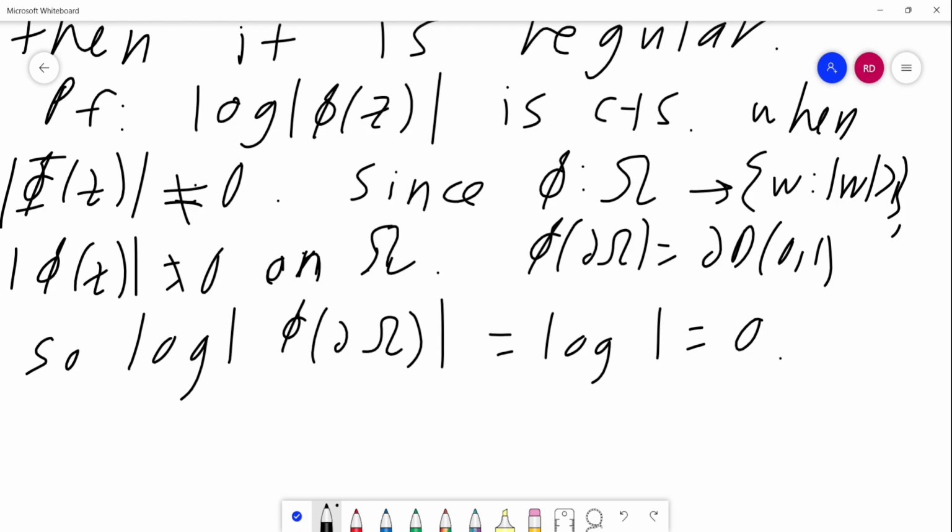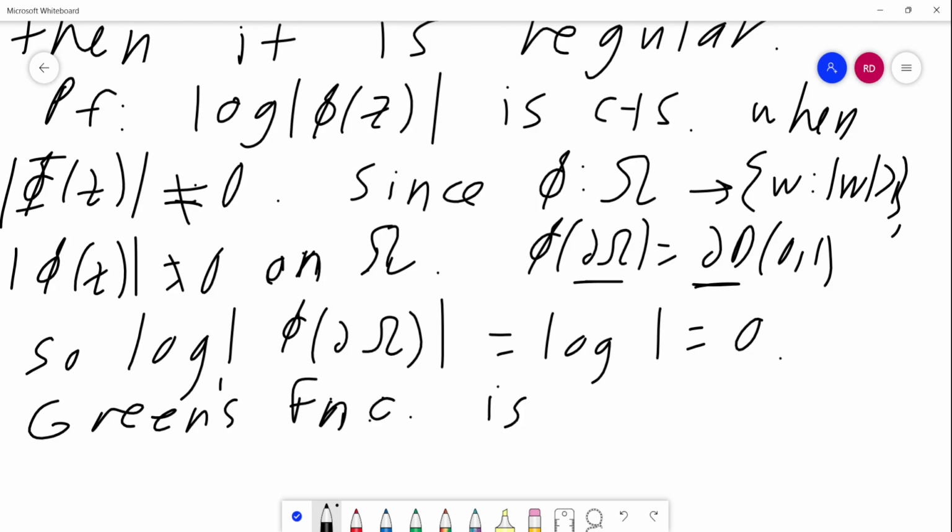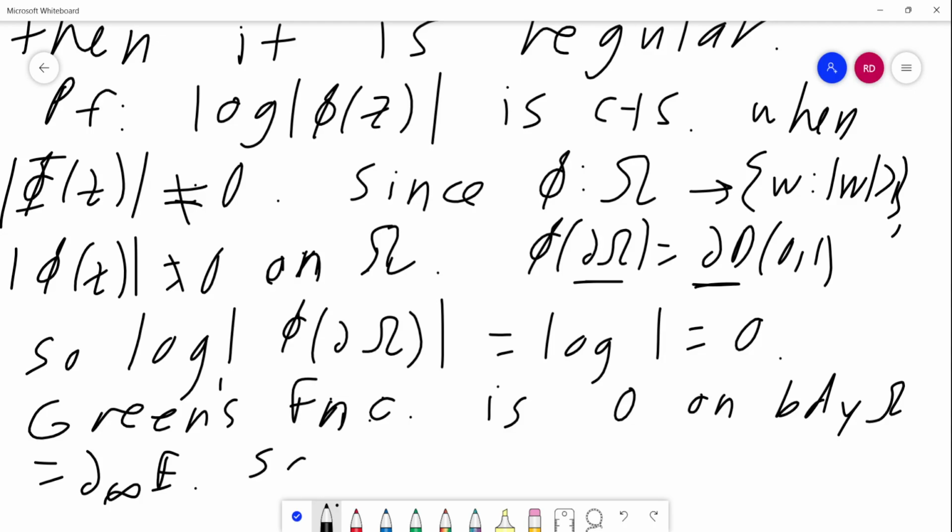So notice this is for every point. It mapped this boundary to this boundary. So every point on the boundary ends up valuing to 1. Green's function is 0 on the boundary of omega, which is also sometimes written as the outer boundary of E. So omega is regular.